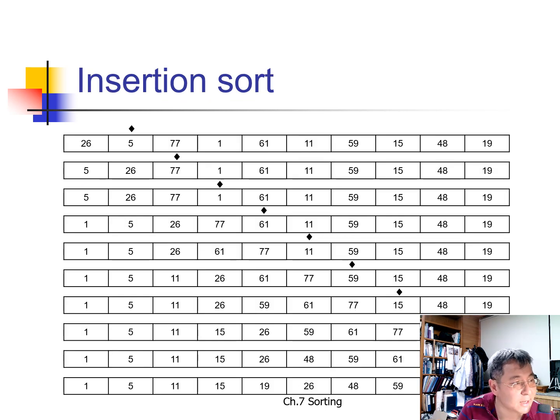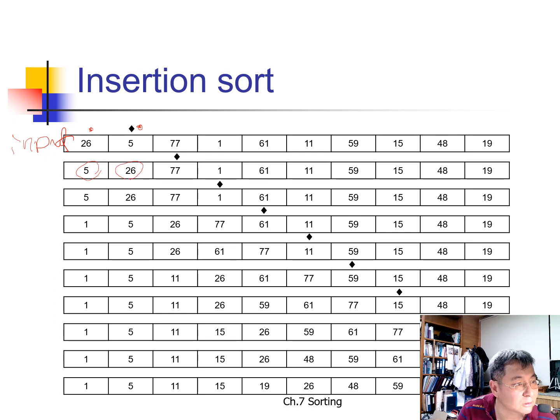Okay, this is an example of insertion sort. We are given this unsorted input data, and we start from the first element, 26, and go on to the next one, 5. We compare 26 and 5. 5 comes first, and 26 is next.